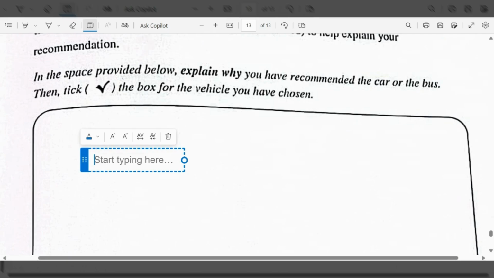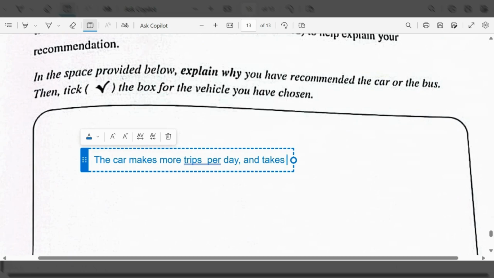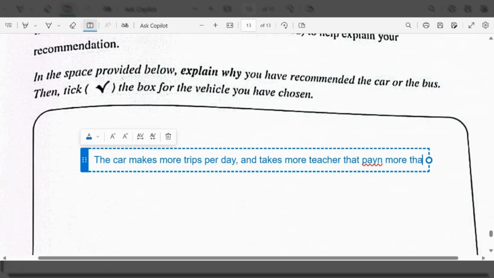The car makes more trips per day and takes more teachers that pay more than the students.